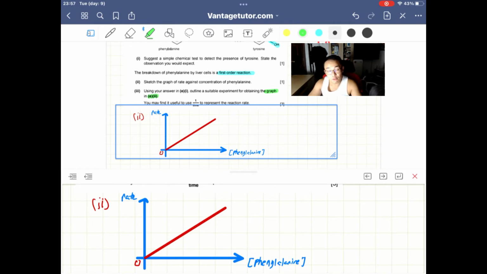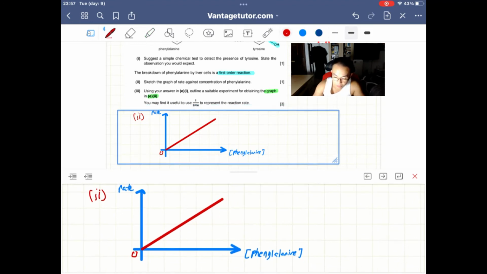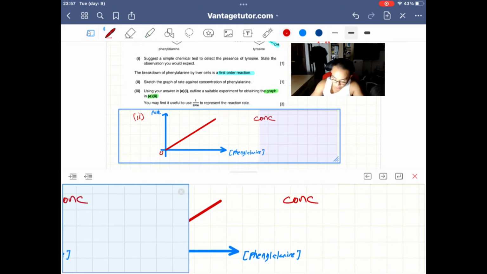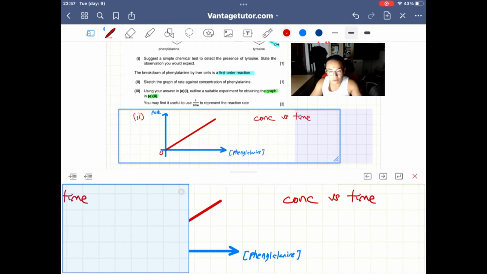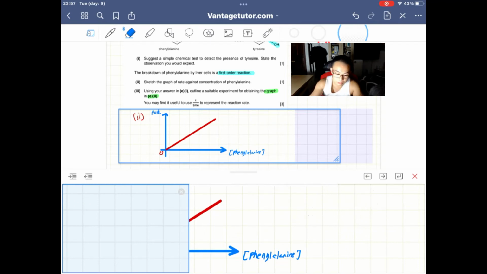Whereas if you talk about half-life, it's always concentration versus time. And therefore, your experiment should not revolve around plotting a graph of concentration against time and measuring your half-life and ensuring that your half-life is constant. That is not the question. And therefore this question is actually, to me, simpler than most students would expect.